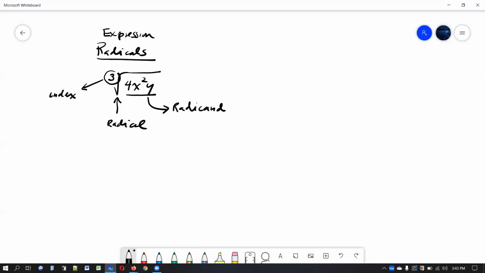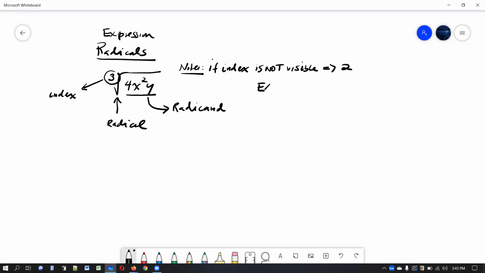So all of this I mentioned in section 7.1. As a note, I mentioned before that if the index is not visible or present, it means the value is 2.